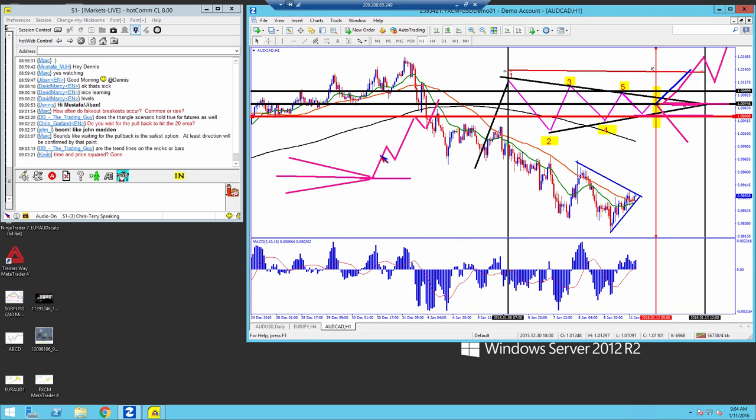What will happen a lot of the times, guys, is you get a breakout and it'll run. There's no looking back, okay? So a lot of times they'll just run, and what you're going to get, and make sure you take note of this, is a shallow retracement.